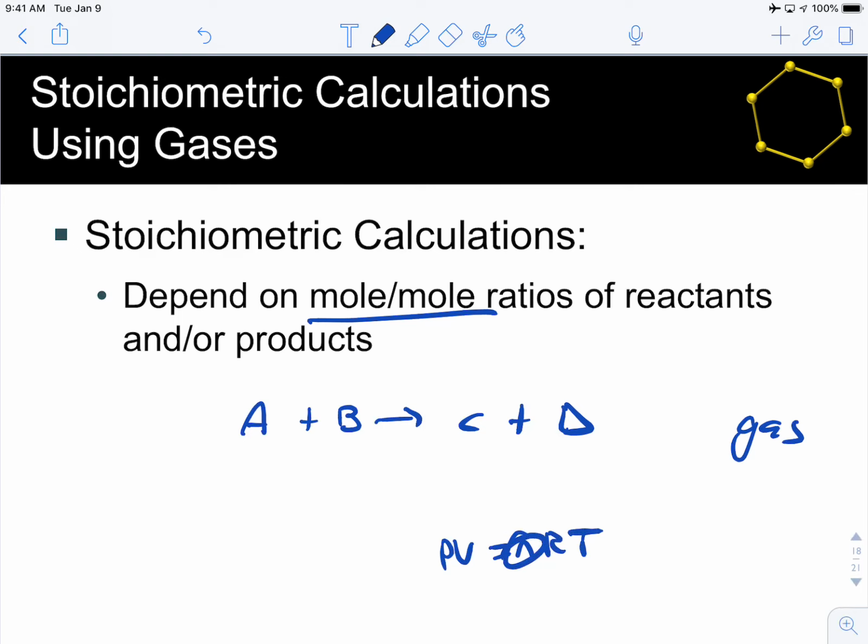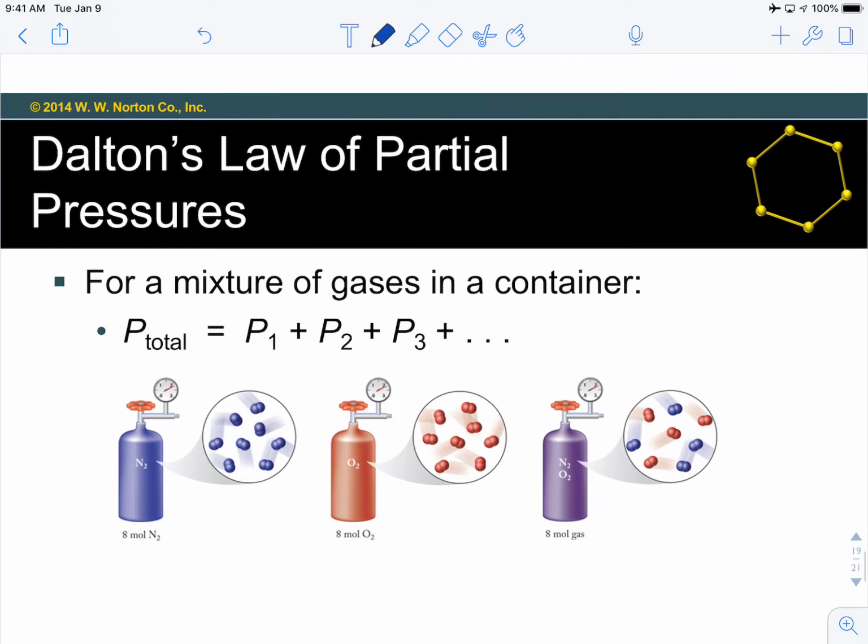And once you calculate the moles, you'll probably have been given a pressure, a temperature, or something along those lines. Usually what you're after is the volume. So you'll be given the pressure and the temperature of the system, and you get the moles from here, and then you can calculate the volume.